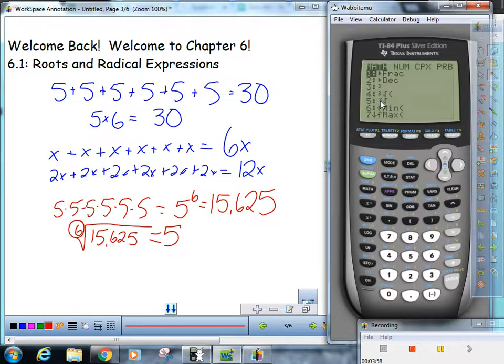We want to turn that X into a 6. You see how that works? And now you'll just type in 15,625, and it'll give you the same answer. So those 2 things are the same thing, or they're synonymous or congruent. Okay, so far so good?